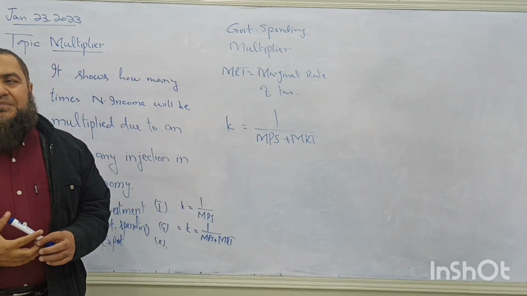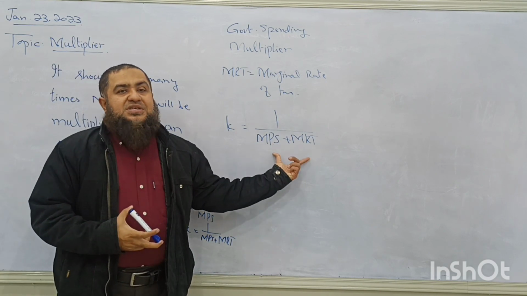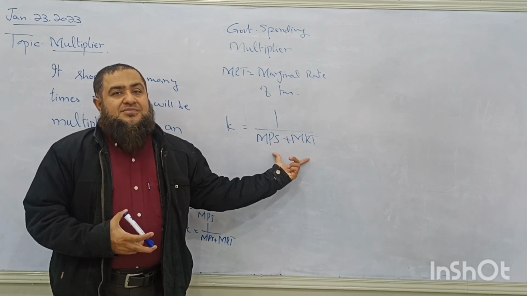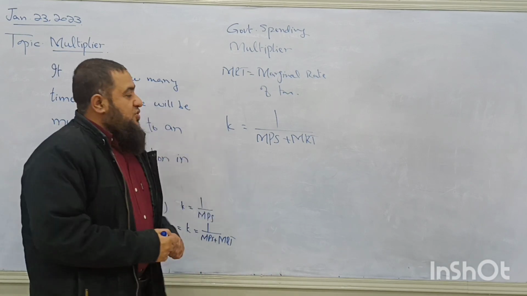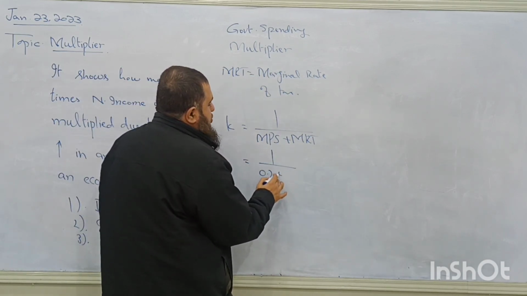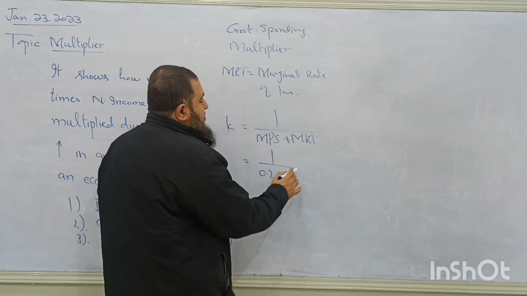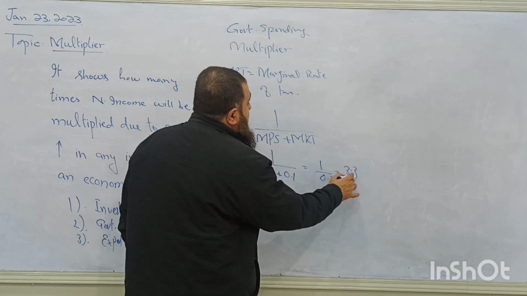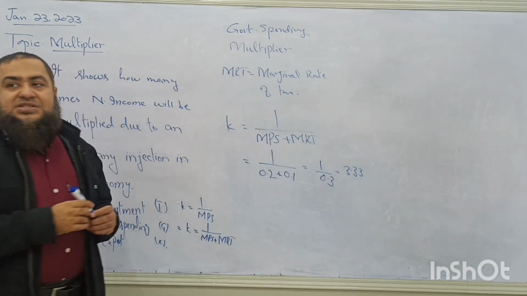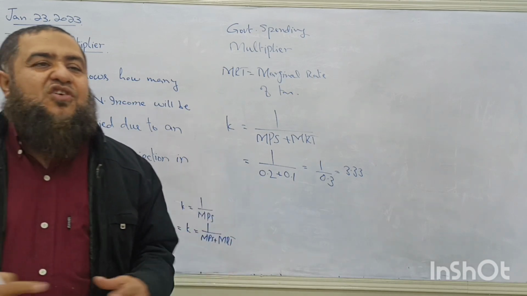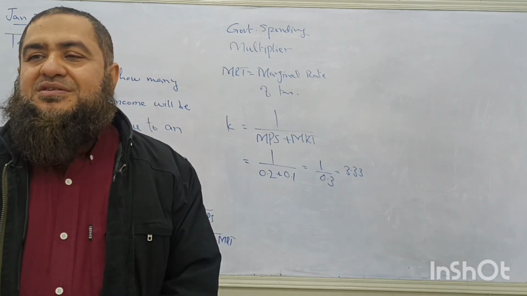What will happen to the multiplier if the denominator is increasing? It will decrease. So now you can see, if this is 0.2, this is 0.1, so the multiplier value will be 1 over 0.3, which is 3.33. As the withdrawal has increased in the three sector economy, the value of the multiplier will decrease.